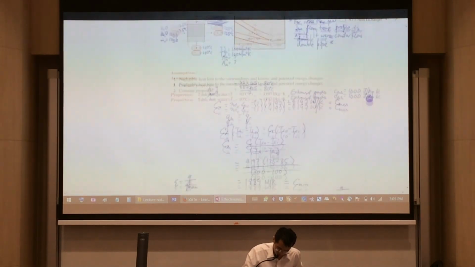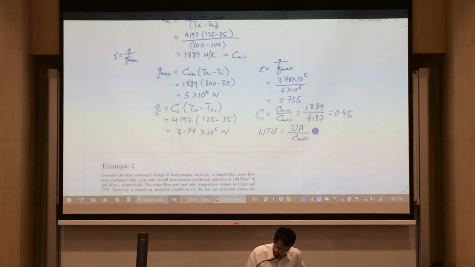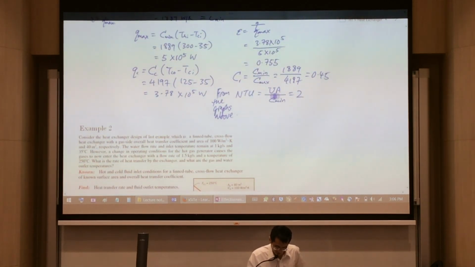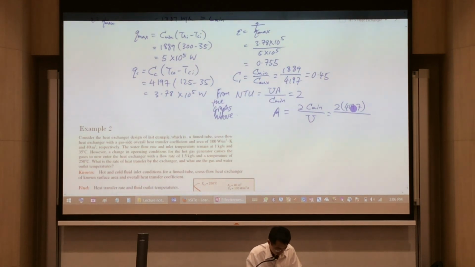So I'm going to take that value 2, equate this equal to 2. So this is from the graph above. So I have the rest of this, so I'm going to express this A as my subject and move the others over to C min divided by U. There will be 2 times C min here. That was 4197 divided by U, which is the number that's given to you in the question.